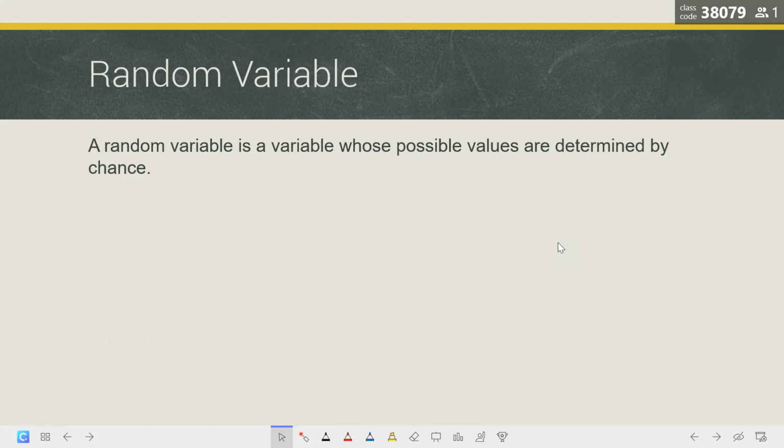Para saan pa yung probability or statistics or inferential statistics kung alam din naman natin yung mangyayari. So usually, yung pinag-aaralan natin, yung nire-research natin, is yung mga bagay na hindi natin alam. Kaya, those variables that we use in our researches, in our studies, are all random variables. Okay?